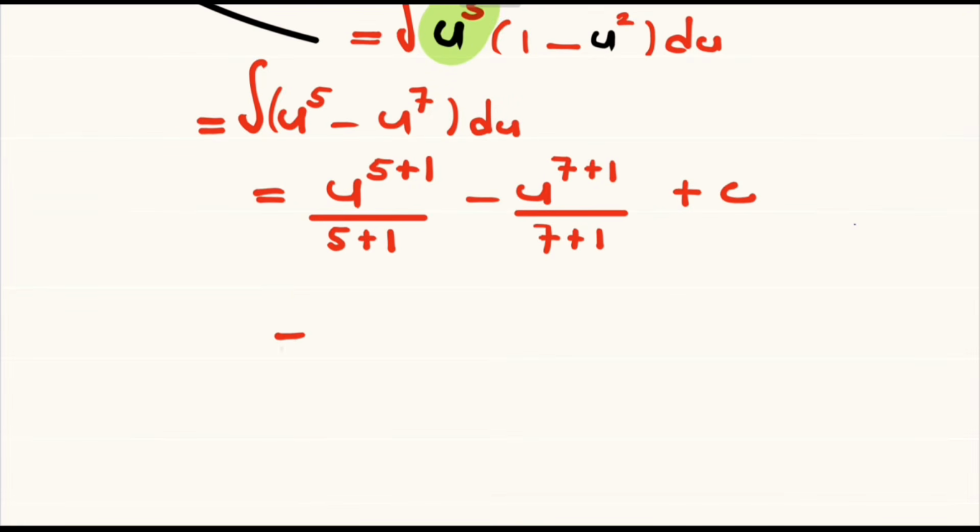This will be equal to u to the power 5 plus 1, which is 6, and in the denominator, 5 plus 1 is 6. 7 plus 1 is 8. So we have u to the power 8 divided by 8.